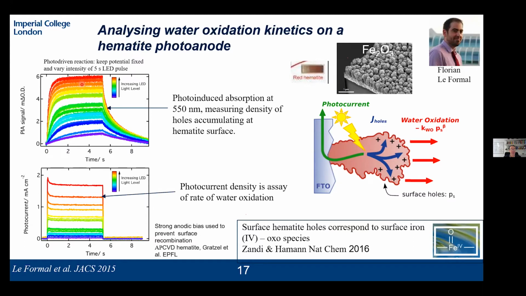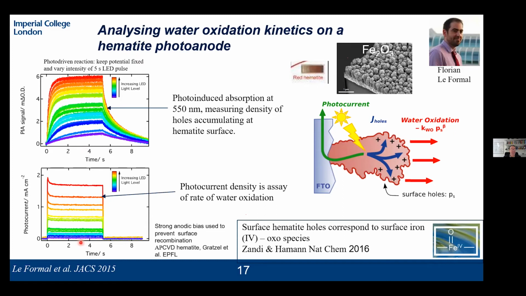We measure a particular wavelength, 550, which we've been able to show corresponds to the formation of iron 4 oxo species on the surface, which we believe are the states driving the water oxidation in this system. We're able to measure the population of those states accumulating on the surface by their optical absorbance.